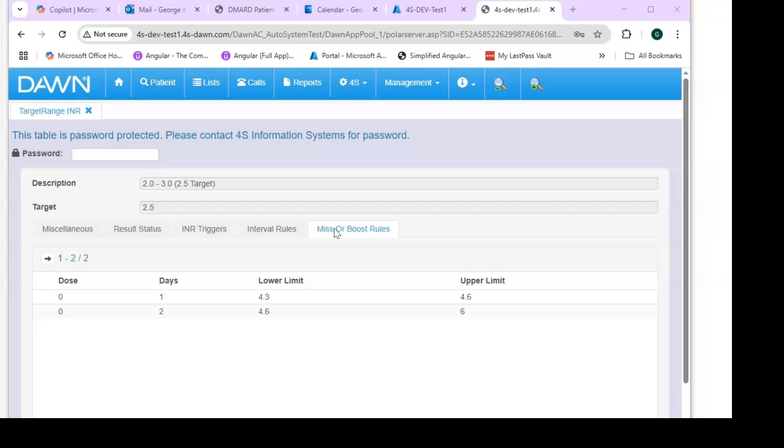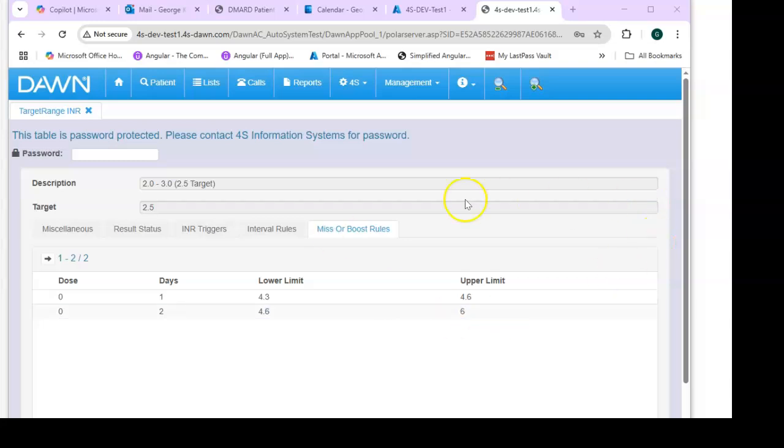Likewise, if the INR has dropped low for some reason, you might want to give a booster dose, 10 milligrams, 7 milligrams, whatever's appropriate, for 1 or 2 days. Because booster doses depend so much on what the patient's normal dose is, we can't really configure Dawn to suggest doing that automatically, but we can configure Dawn to suggest when to miss a dose for 1 or 2 days.